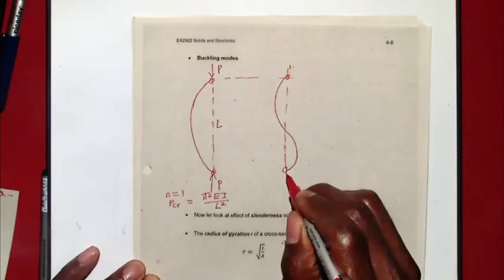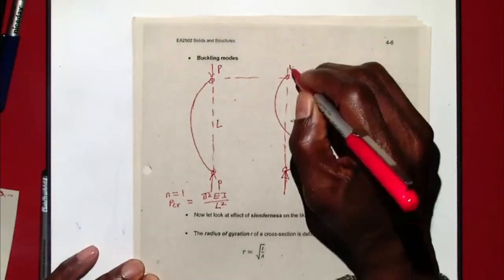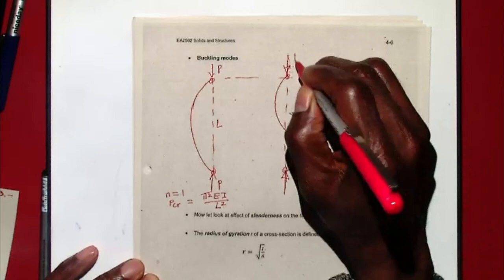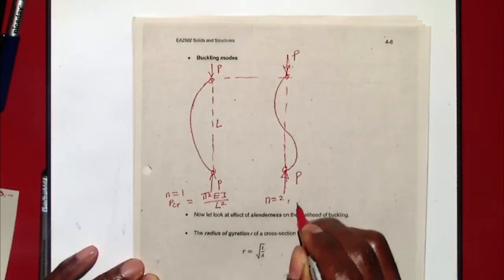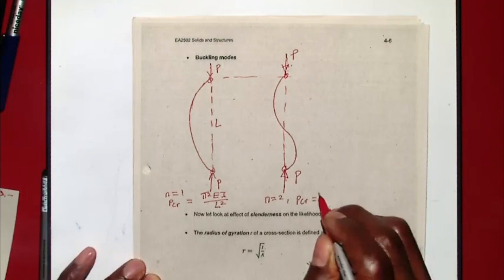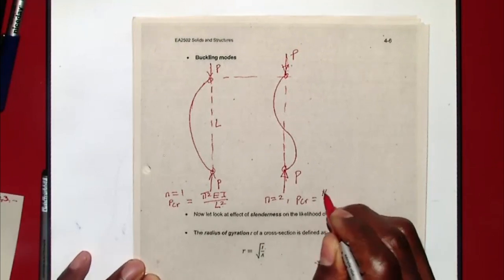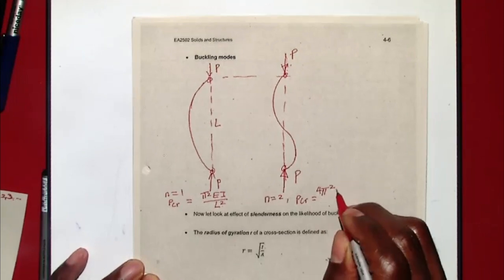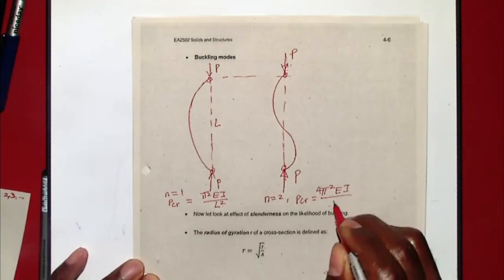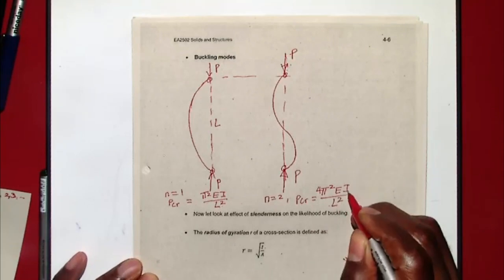The load is acting like that. That is P here. N is 2, and P critical is pi squared times 4 EI all over L squared. And that is mode 2.